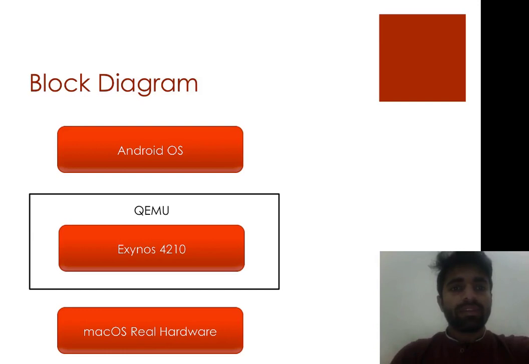So QEMU will help to do that. The Android machine code will be decoded and then executed on the Mac's processor, and the result will go back to QEMU, and QEMU will forward it to the Android operating system.